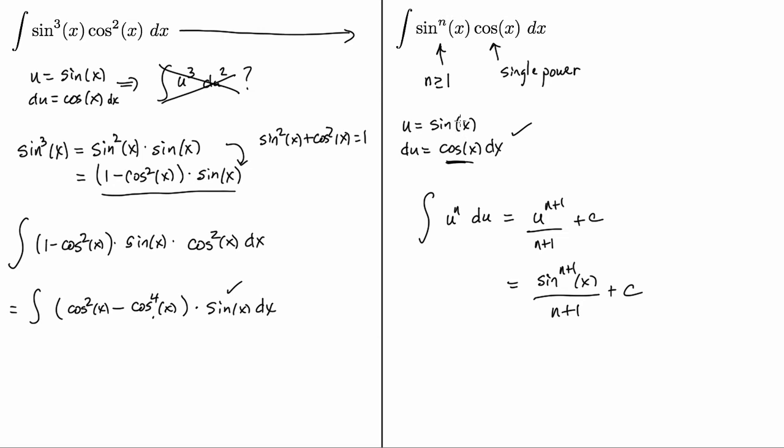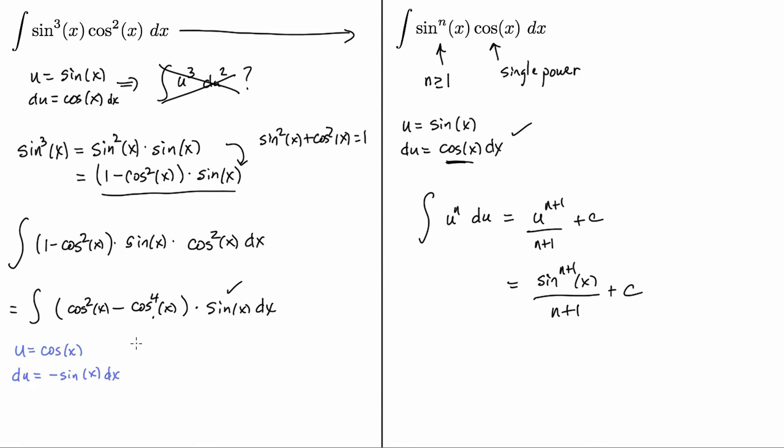The substitution was based on the thing that had the power, so in this case it was sine. So over here the appropriate substitution should be letting u equal cosine. So if we let u be cosine x, then the derivative of u is minus sine x dx.